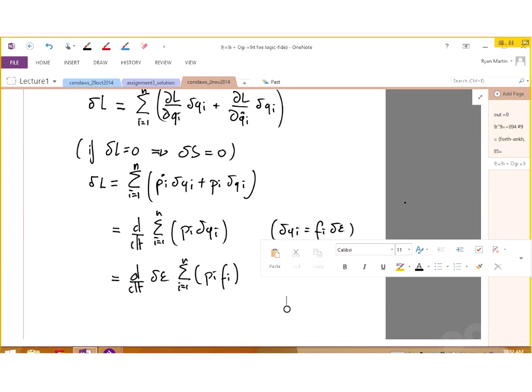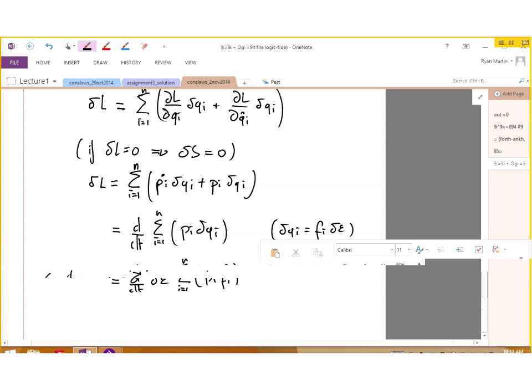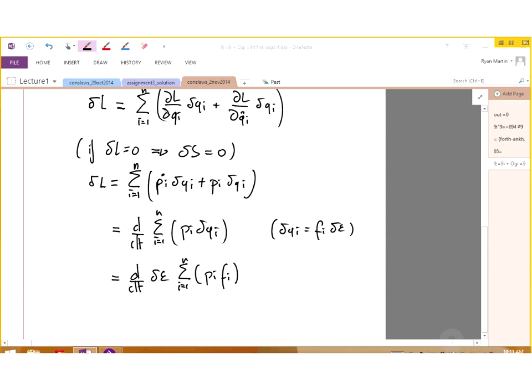And so if delta L equals 0, then this is true regardless of the choice of delta epsilon, right? And so that means that d by dt of the sum of pi Fi is equal to 0. In other words, the sum of the pi Fi must be constant.